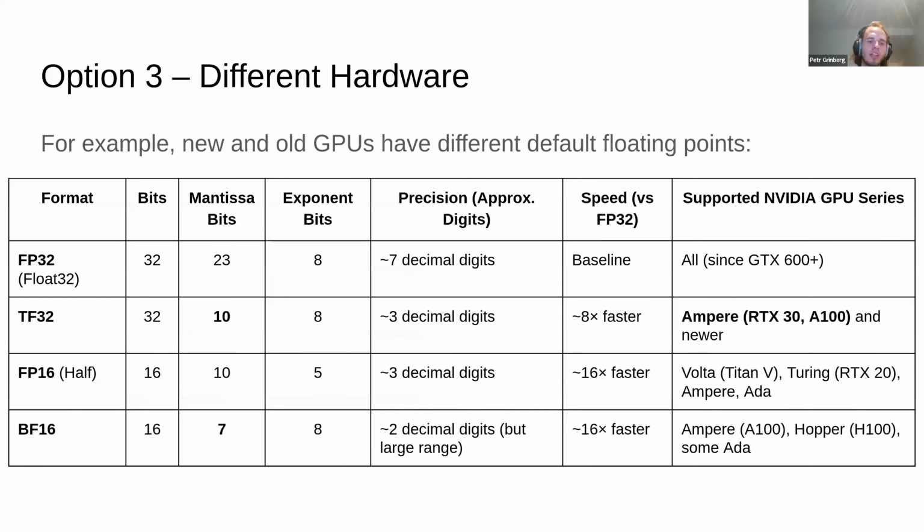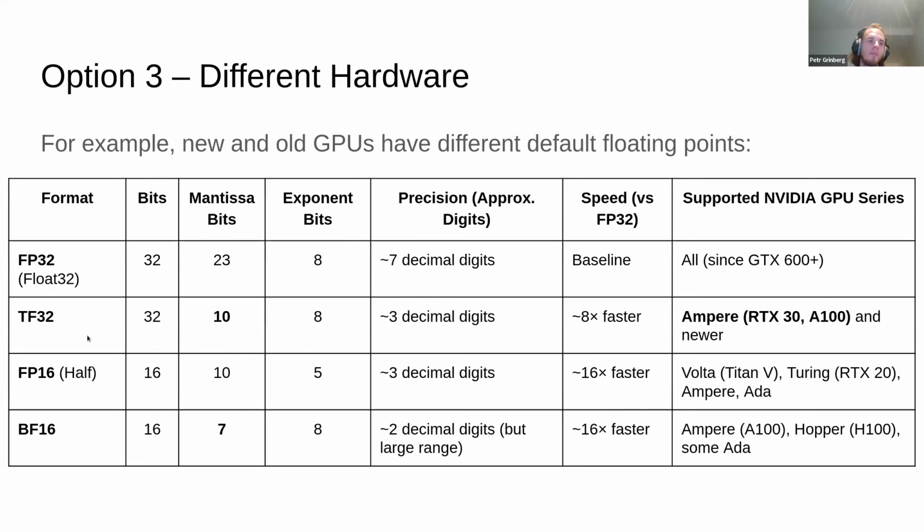A more concrete example is that older NVIDIA GPUs have different default floating points. For example, modern RTX 30 series and newer GPUs use TensorFloat-32 by default for floating point calculations, while older versions use float32 by default.